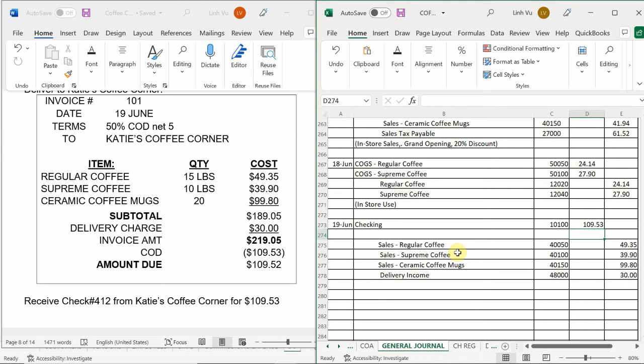Sales payable. Not sales payable, that's when I owe, because payable is when we owe money. In this case, she purchased this on account because she owes me money, right? So what account do we call that?